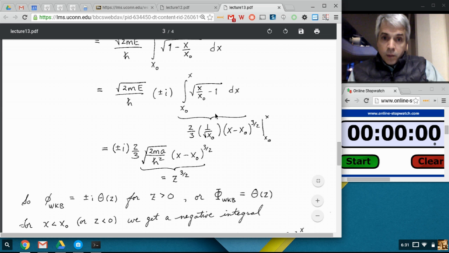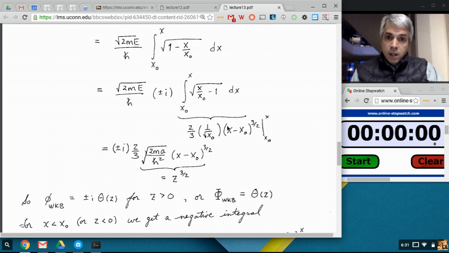To test that, you can just take the derivative with respect to x, which brings down 3/2, that kills off the 2/3, and leaves you with x minus x naught to the 1/2. All good. The factor 1 over the square root of x naught is simply coming from factoring out this denominator.